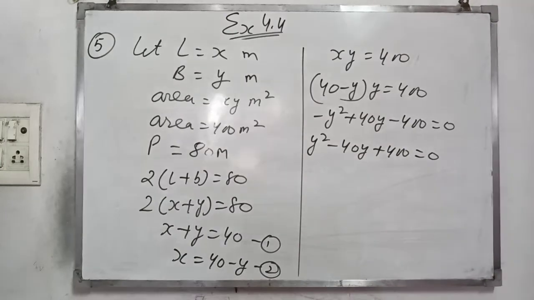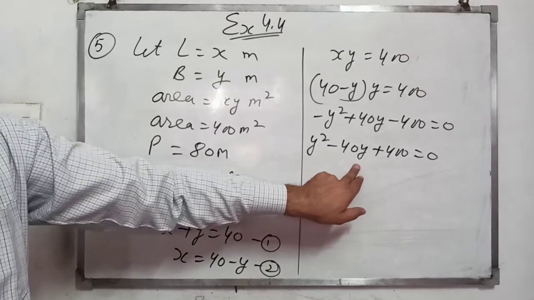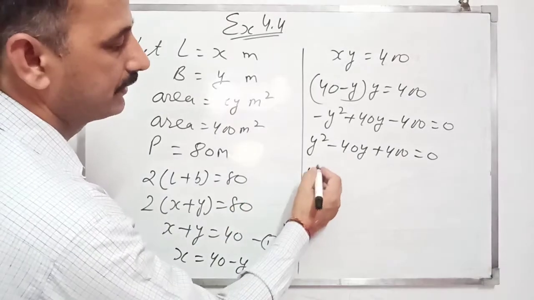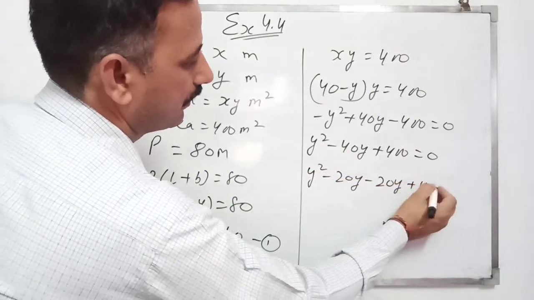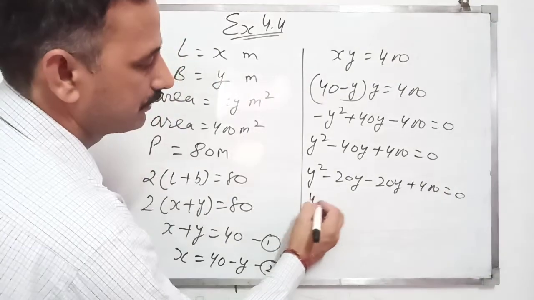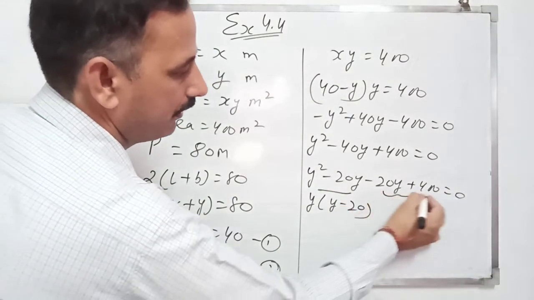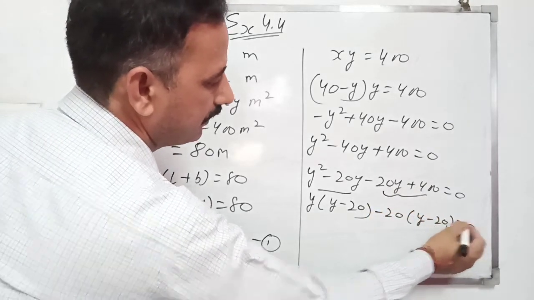Then we find the value of D, or we can split the middle term to find the value of y. So y square minus 20y minus 20y plus 400 equal to 0. So y is common, y into (y minus 20), and in the next one minus 20 is common, so minus 20 into (y minus 20), equal to 0.